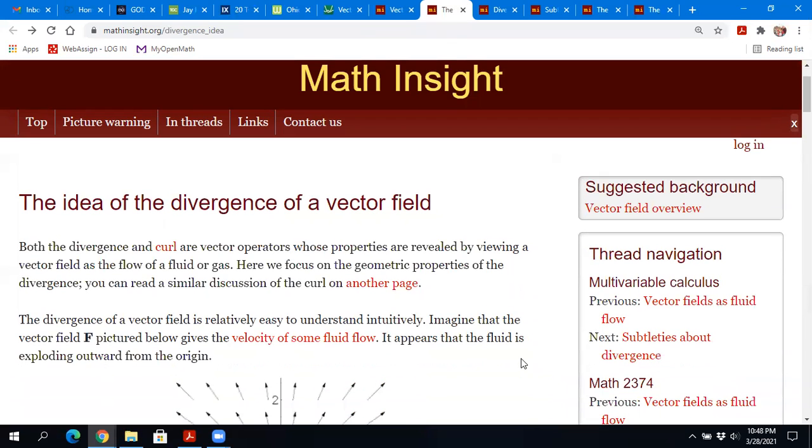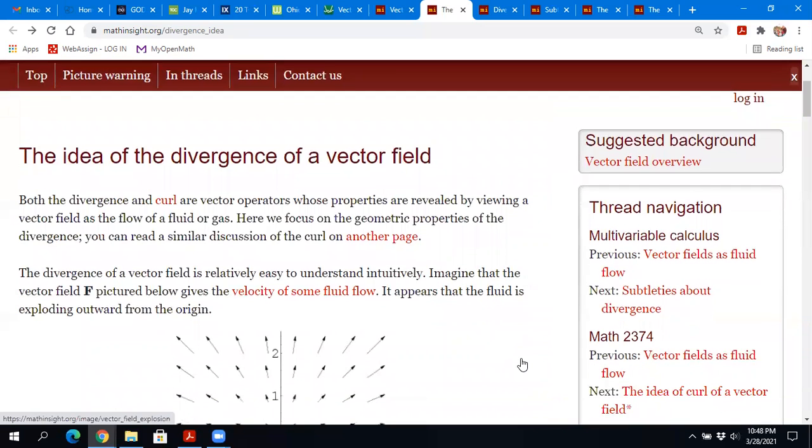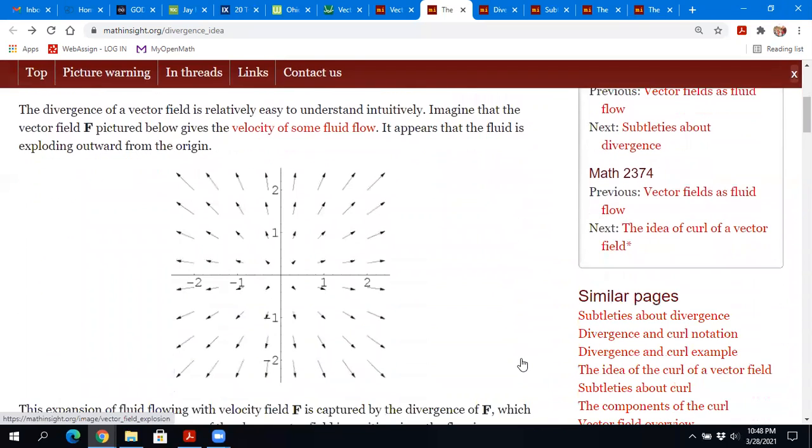Okay, so let's talk about this notion of divergence of a vector field. Okay, so what is divergence? Well, the divergence and the curl are vector operators whose properties are revealed by viewing a vector field as the flow of a fluid or gas, as we've been talking about. Okay, divergence of a field is pretty easy to understand intuitively, as we've already talked about.